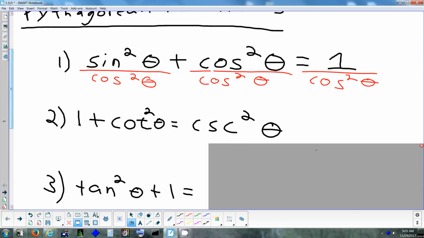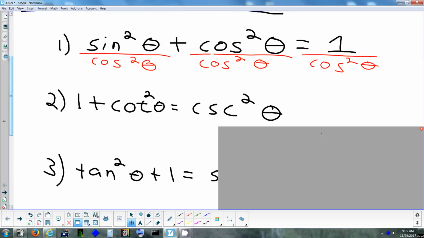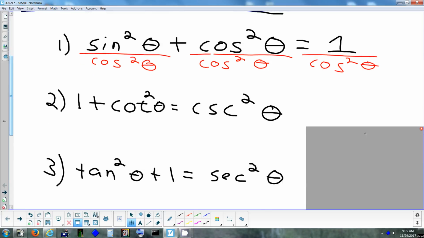Equals. And what about 1 divided by cosine squared? Secant squared. Yeah, because 1 over cosine is secant. So 1 over cosine squared is secant squared.